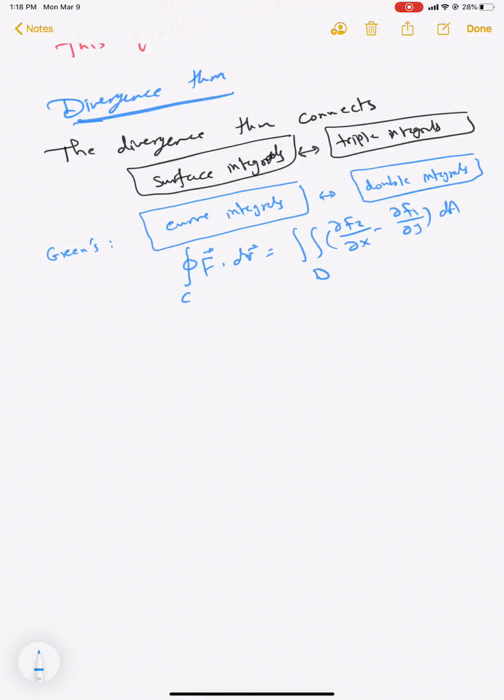Now, the divergence theorem connects surface integrals with triple integrals. This is the role of the divergence theorem. Now, as in Green's theorem, does it mean that curve integrals are easily computed using double integrals? Not necessarily, it depends. Sometimes double integrals are easier to compute, while in other cases, the curve integral is easier.